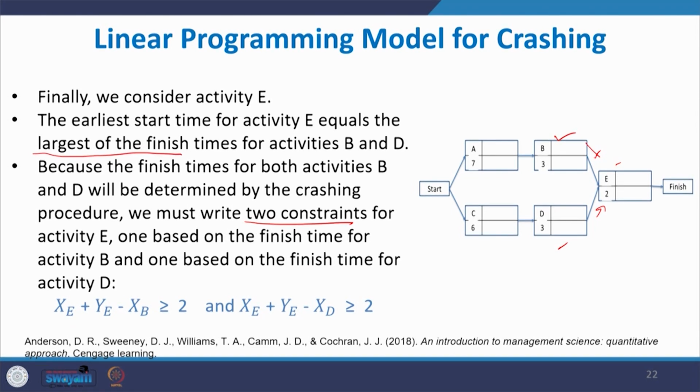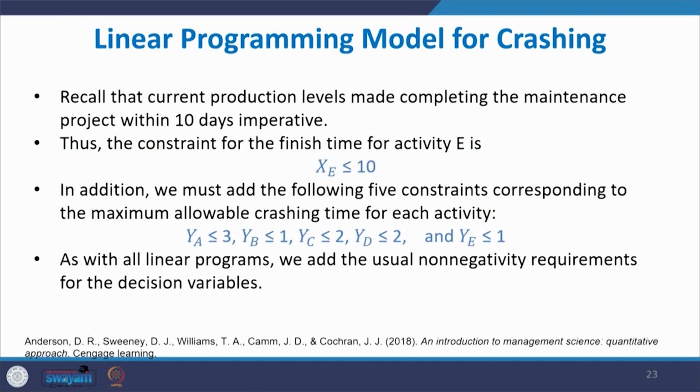When you simplify, this will be XE plus YE minus XB greater than or equal to 2, and XE plus YE minus XD greater than or equal to 2. Recall that the current production level made completing the maintenance project within 10 days. Thus, the constraint for finish time for activity E, XE, should be less than or equal to 10.